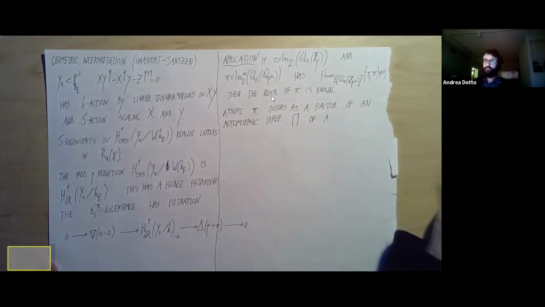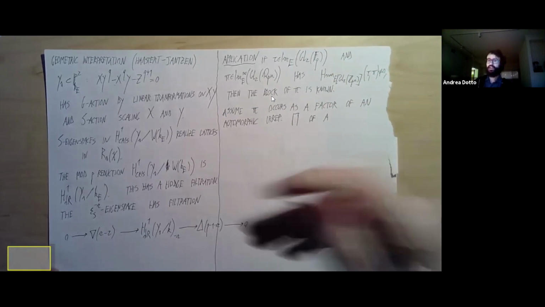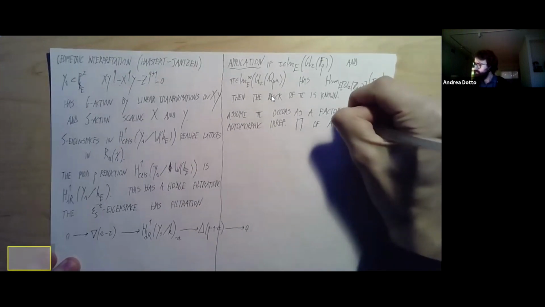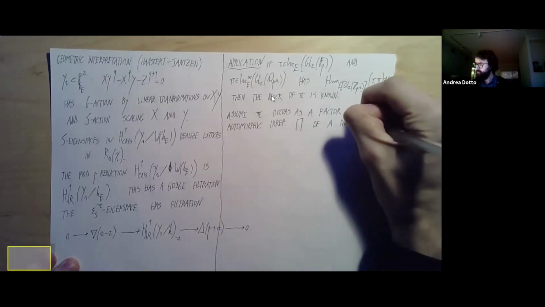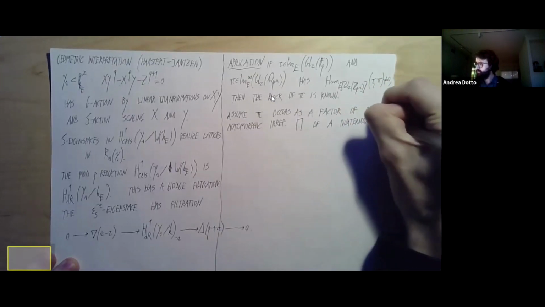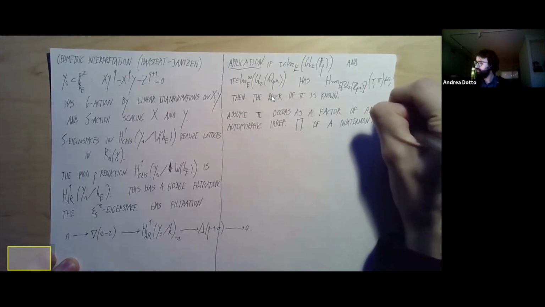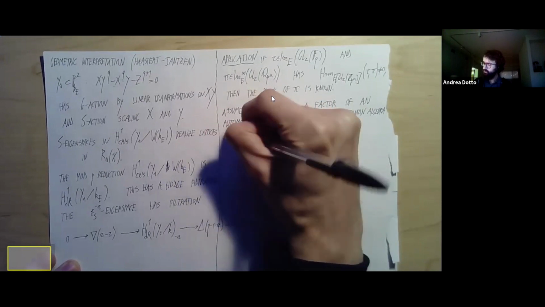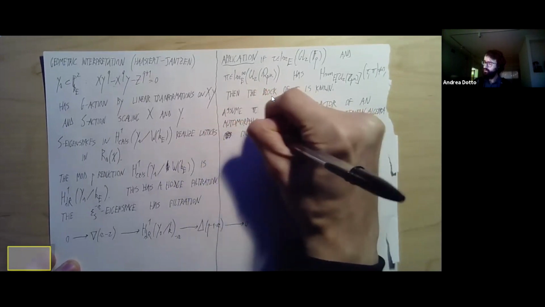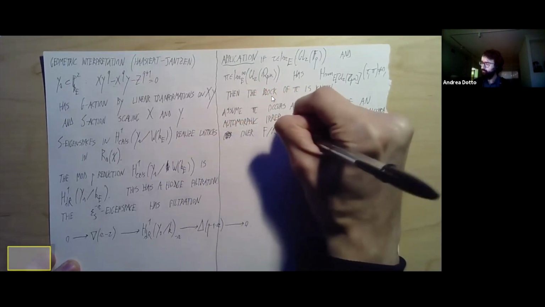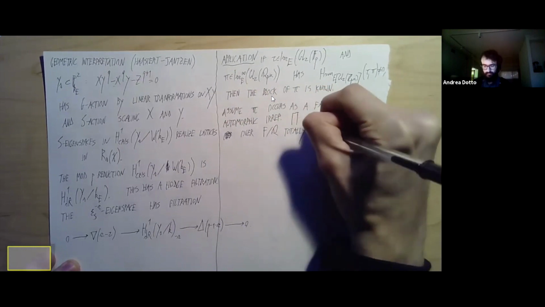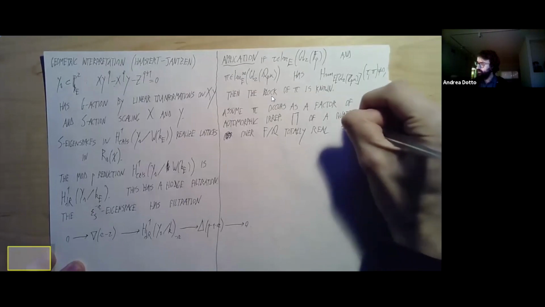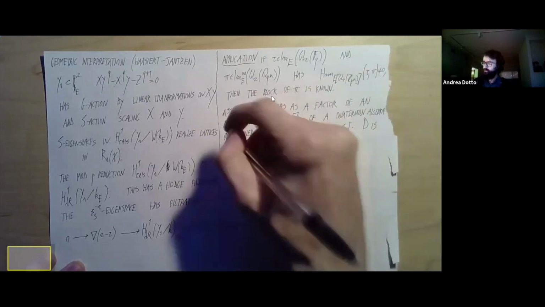For simplicity, I am going to work with a group that is compact at infinity, so there is no hard geometry to consider. So I'm going to work with a quaternion algebra D over a totally real field F over Q, such that D is non-split at all infinite places.